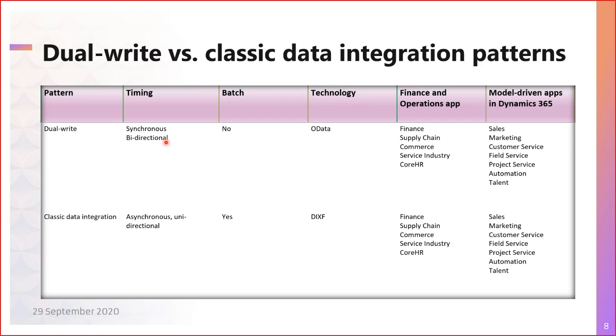Dual-write is a tightly bound integration between finance and operations and CDS. It does not work with finance and operations and Business Central. It doesn't work with finance and operations and any other third-party applications.